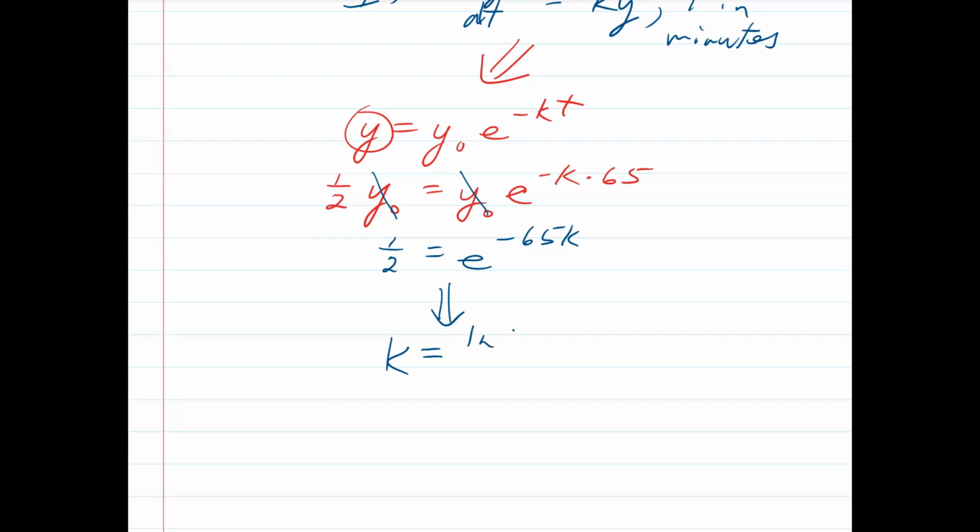That k is equal to the natural log of 2 divided by 65. And this happens to be about 0.01066. And that's the decay constant. Now it turns out, and this is something you guys want to remember, this is how you find a decay constant in our course.